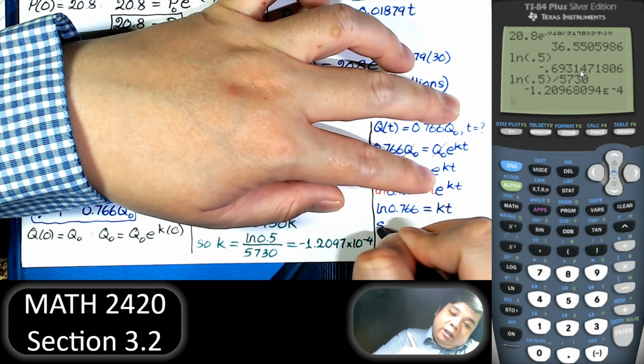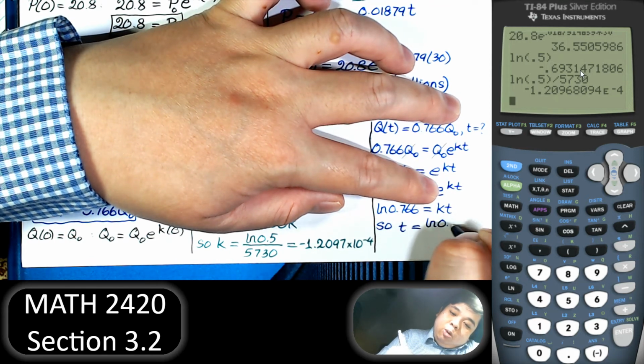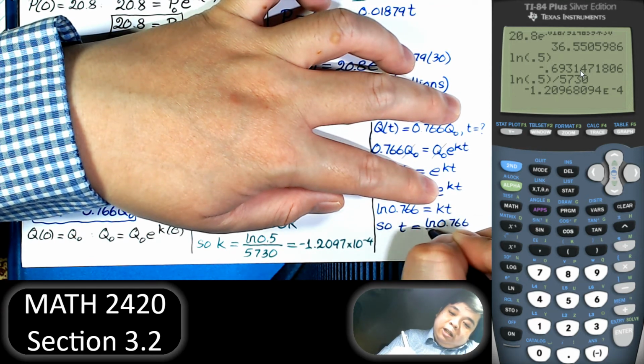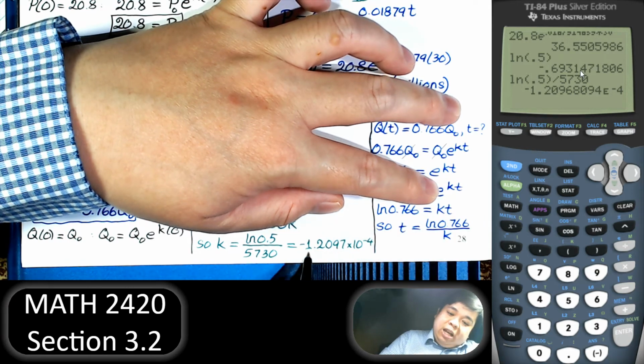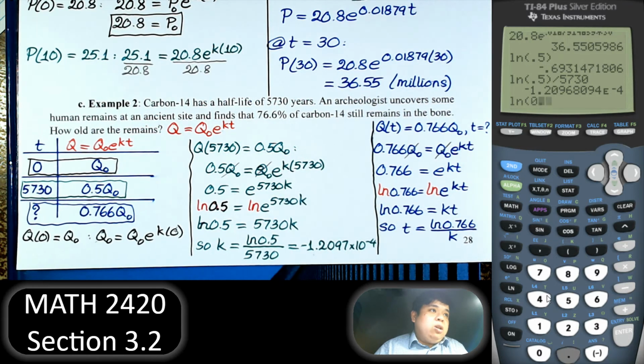So finally, t is equal to ln of 0.766 divided by k, where k is this number. So I just do ln of 0.766 divided by whatever I had previously.